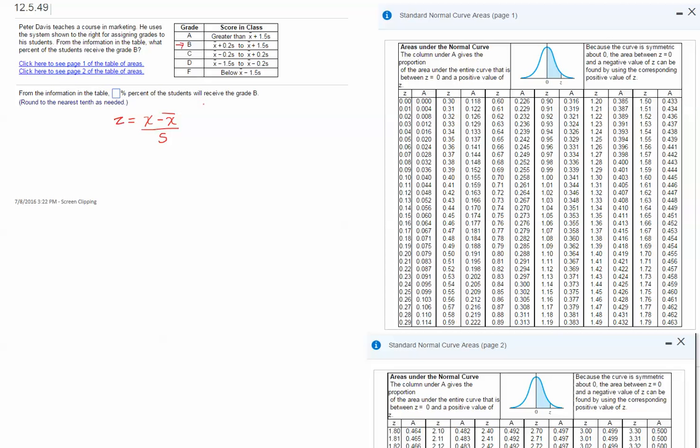So the first score we're going to convert is the one, x bar plus 0.2s. On a normal distribution curve, we have the mean x bar in the middle, and there's a score which is 0.2 standard deviations to the right. If I make a mark 0.2 standard deviations to the right, that's where this position is.